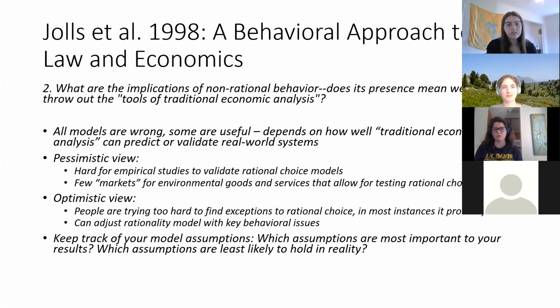There are different views in the literature on whether these kinds of flaws in the predictions of economic models make it really hard to assume rational choice in different settings. It might be especially difficult for environmental policy because we don't have very clear markets for environmental goods and services. So that makes it hard to observe whether people's choices with regard to these goods and services are rational.